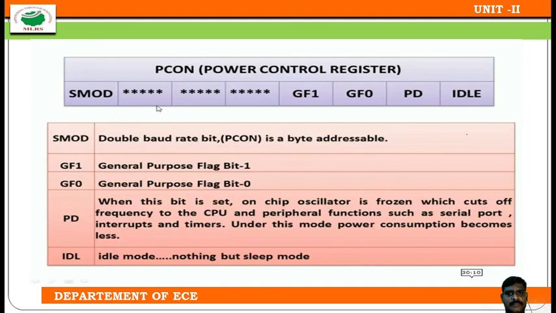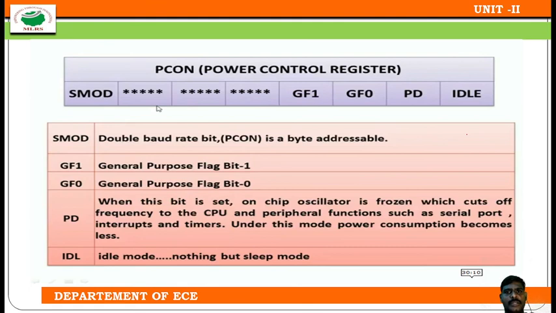GF1 is general purpose flag bit 1, and GF0 is general purpose flag bit 0. When the PD bit is set, the on-chip oscillator is frozen, which cuts off the frequency to the CPU and peripheral functions such as serial ports, interrupts and timers. Under this mode, power consumption becomes less. So idle mode is nothing but sleeping mode.